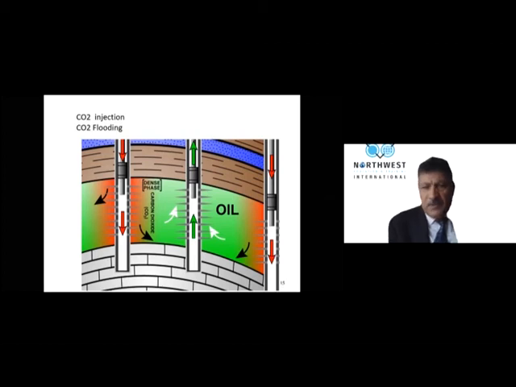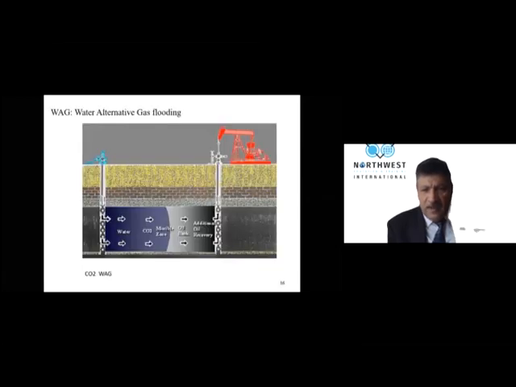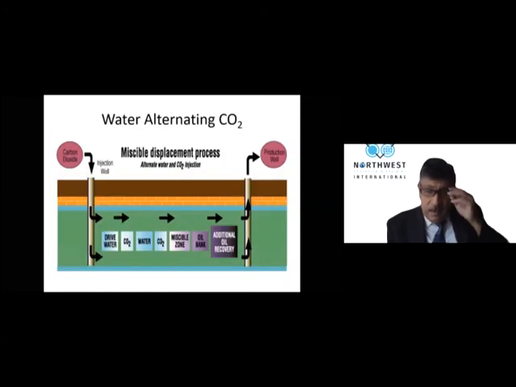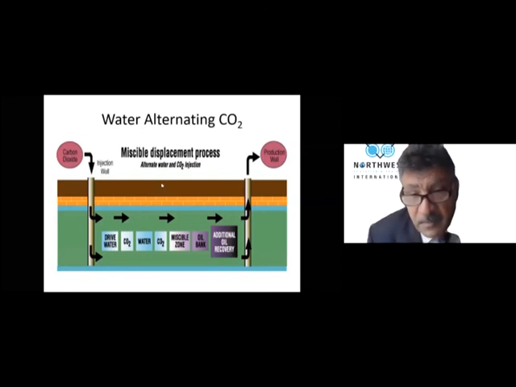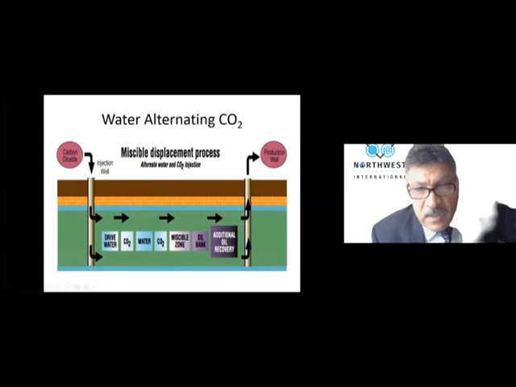You have to have enough CO2 supplied to you by a supplying company, and also you have to have pure CO2, purity about 99%. Again, you have to have enough pressure to pump it in. So this is another example of the WAG I mentioned to you already. It's also WAG CO2, same principle, because some of the CO2 will be immiscible, some will be miscible. The miscible one is better to make the oil move easier in this case.